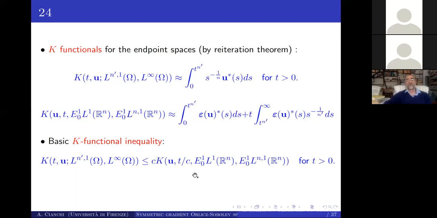And this is what we have here. So here we have this pointwise inequality between this expression for the rearrangement and this other expression for the rearrangement of the symmetric gradient. And with some additional computations, one ends up with this reduction theorem.